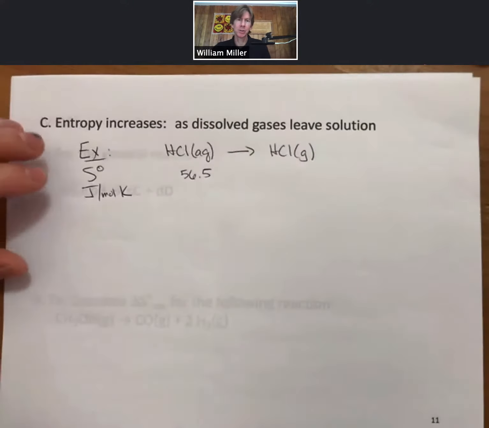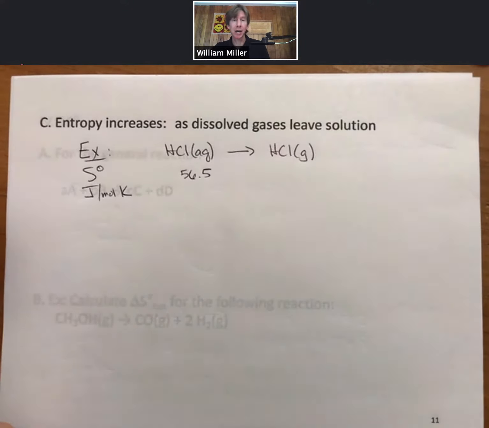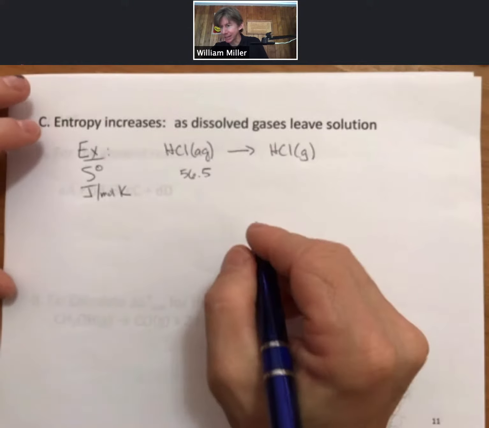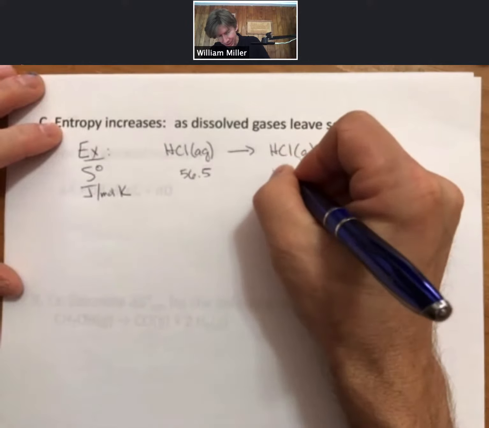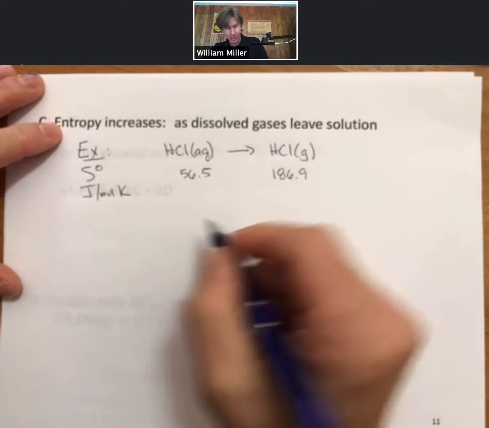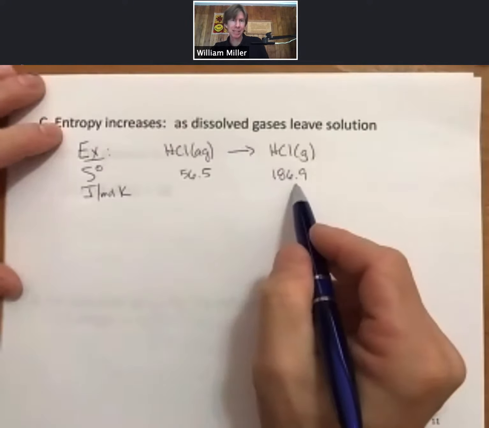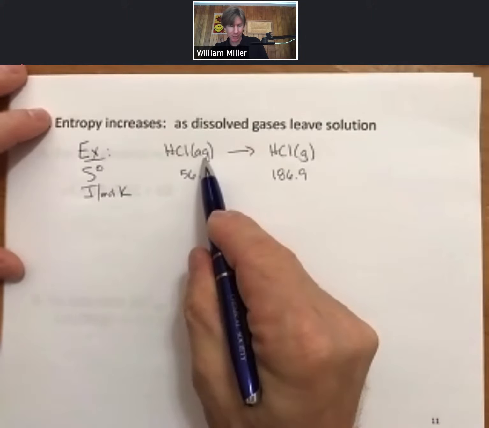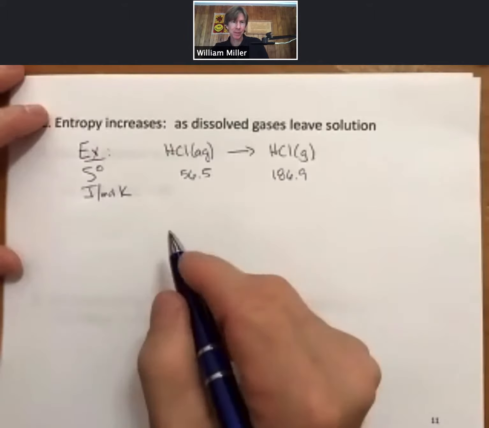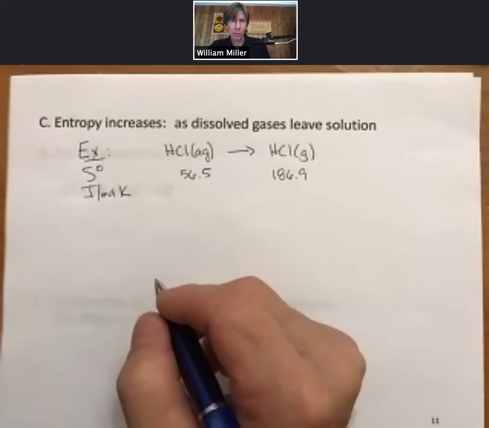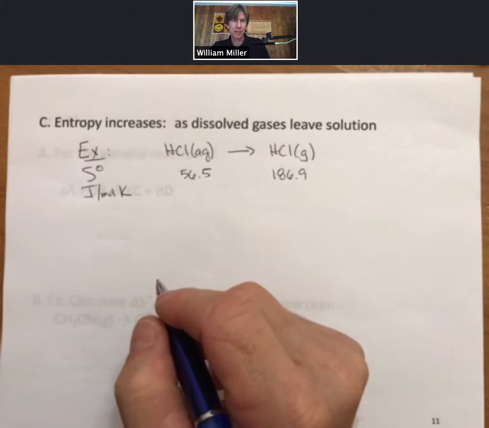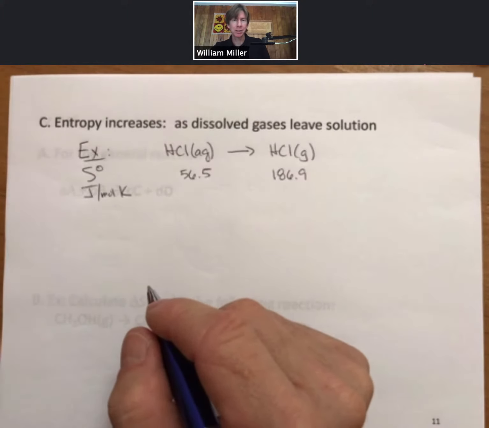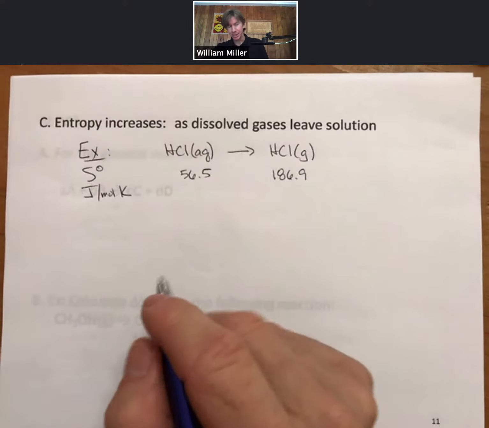The numbers don't necessarily mean a whole lot, other than when we see that the HCl gas is 186.9, we see that the entropy has increased. It has just gone from aqueous to gas, and gases are always the highest entropy phase because they've always got the most matter dispersal.